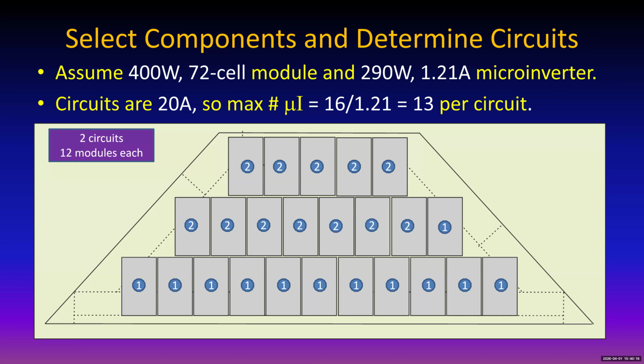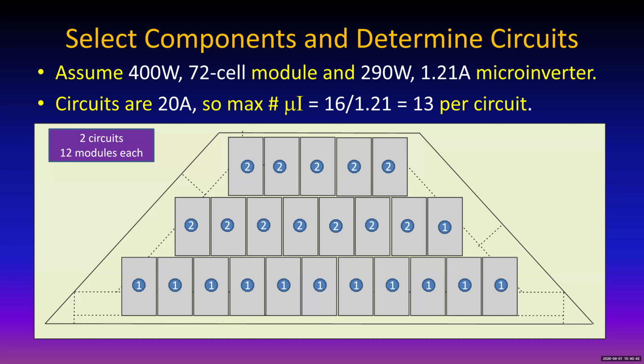Although that number one module in the second row, one might say, well, why didn't you just make that a number two? And wouldn't that still be okay? Well, the problem with that is then if you made that a number two, you would have 3, 6, 9, 1, 2, 3, 4, 5, 6, 7, 8, 9, 10, 11, 12.